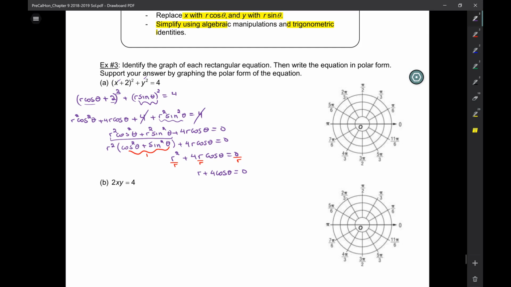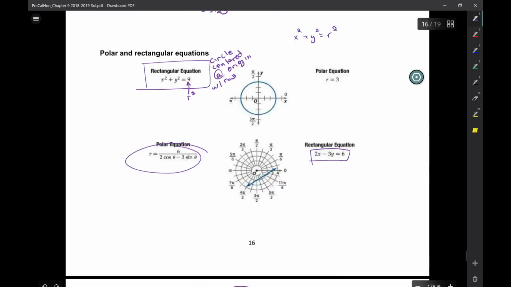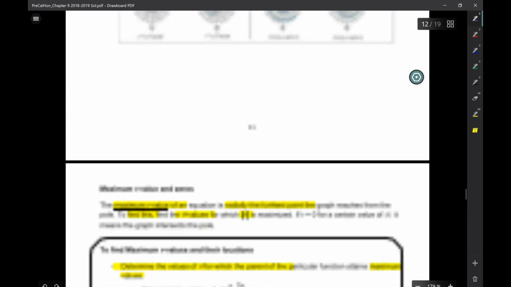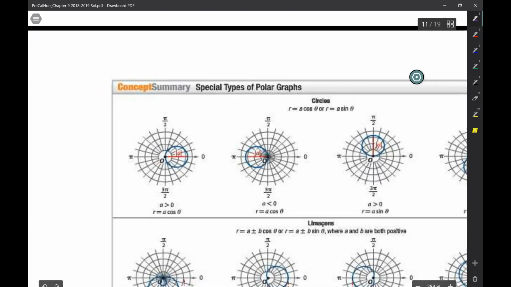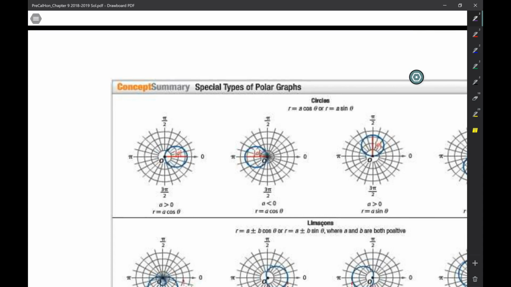And what's r? What equation is that? That's a circle. Oh my goodness, wild. Because look, r equals a cosine theta. That is a circle.